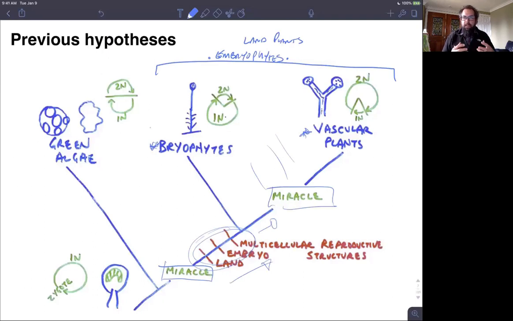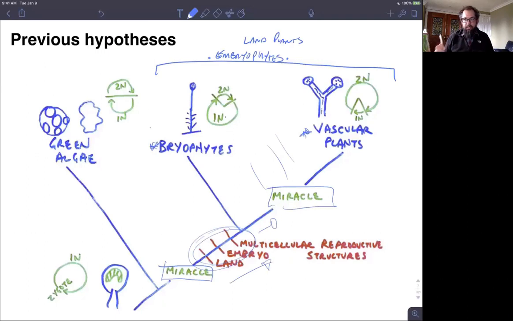But as we'll see, as we get into the details of many of these groups, and we understand better the evolutionary relationships, the evolution of these morphological characteristics becomes much more clear. Right now, depicted on this slide, I have 3 synapomorphies shown for land plants.